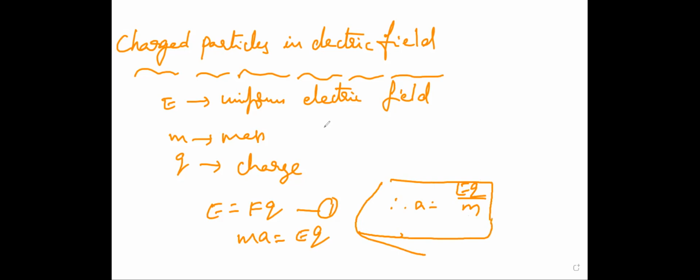the charged particle is in a uniform electric field, so the acceleration does not depend on time. So we can draw a graph between time and acceleration for this charged particle.